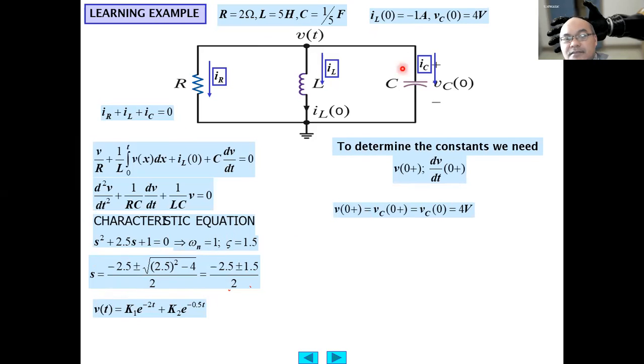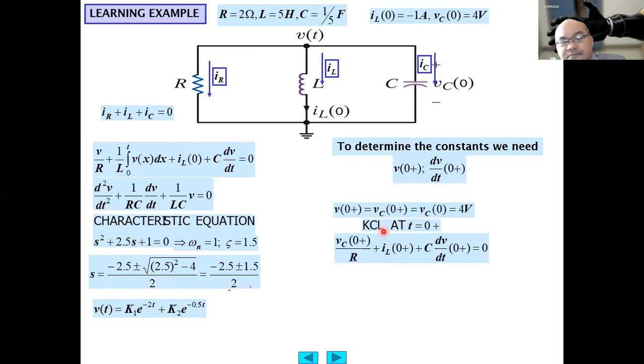The voltage at 0 plus is equal to Vc(0), which is 4 volts. Then using KCL at t equals 0 plus, Vc divided by R plus IL(0 plus) plus C dV/dt equals 0.